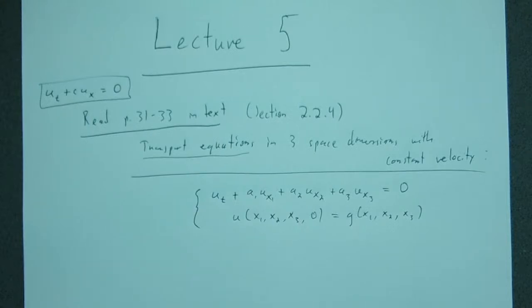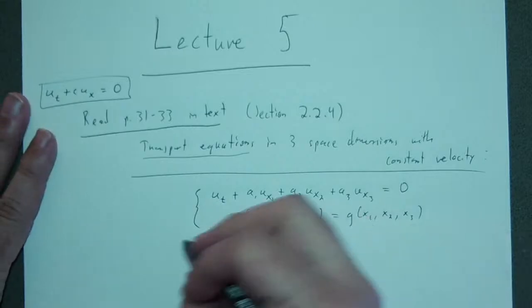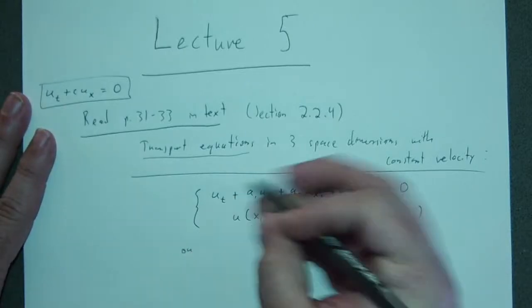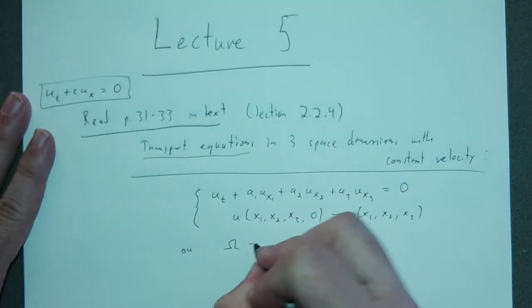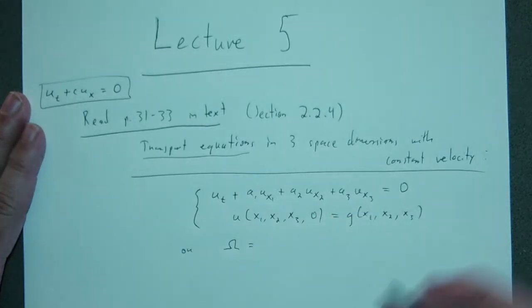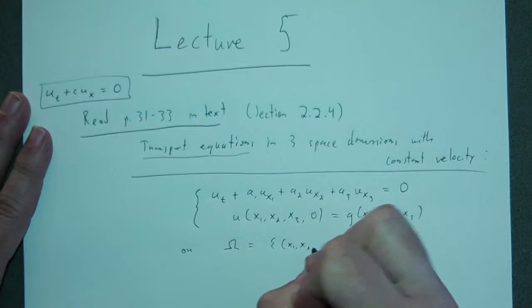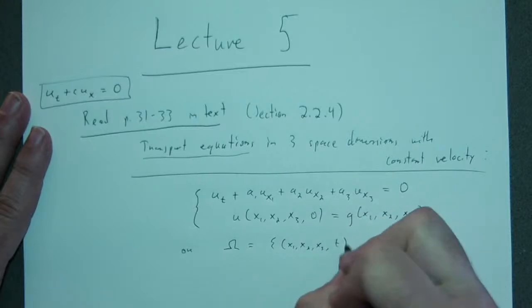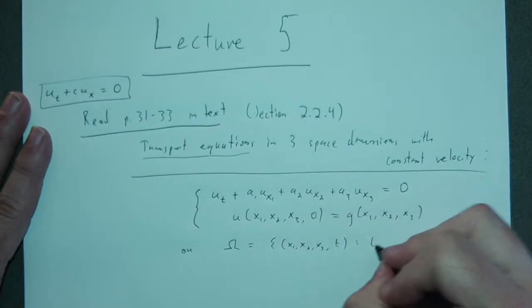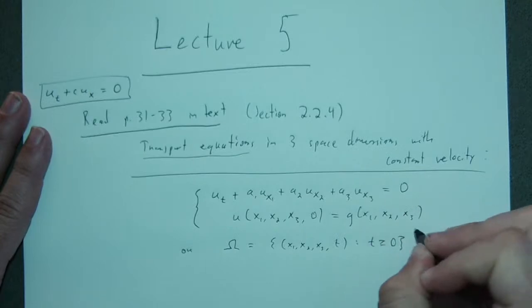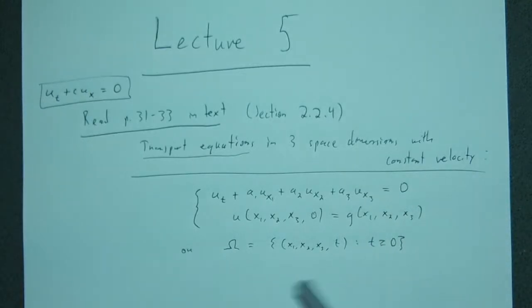This is not going to be as easy to visualize. If I seek to solve this on some omega, the set of all x1, x2, x3, t such that t is greater than or equal to 0, then this is my three spatial dimension transport equation with constant velocity.